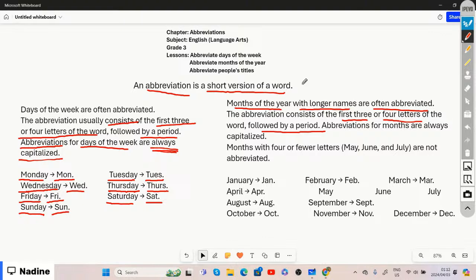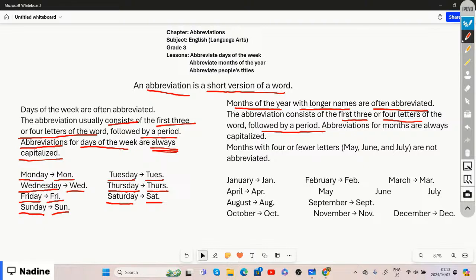Now, if we look at the months of the year, right? Our months of the year with fewer letters, that is either four letters or less than four letters, we need to leave it the same.